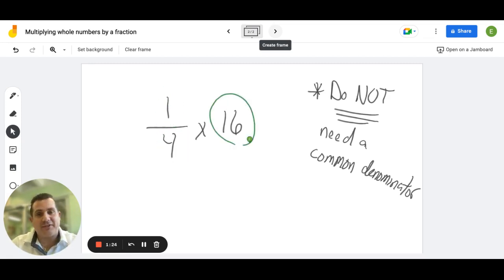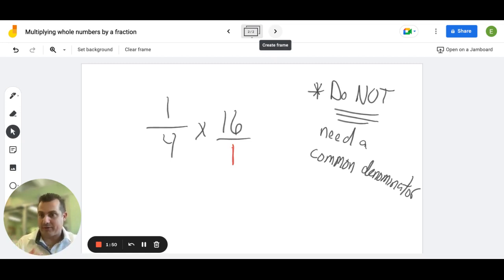But here I just have 16, okay? So what you need to know is that underneath every single whole number, there is an imaginary 1. 1 is our denominator. So right here, we have a denominator of 1. So 1/4 times 16 is really 1/4 times 16 over 1.